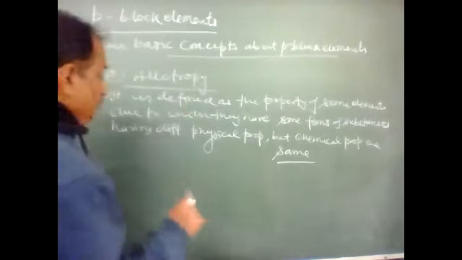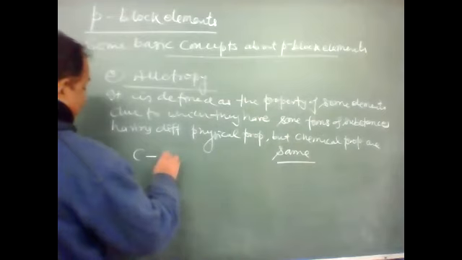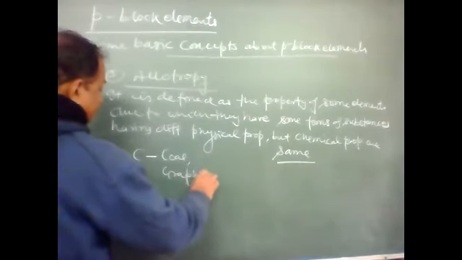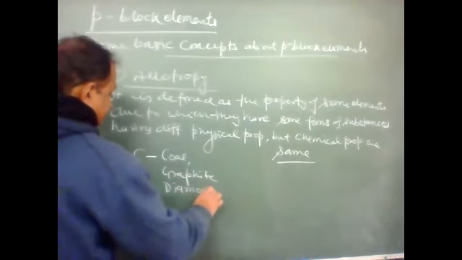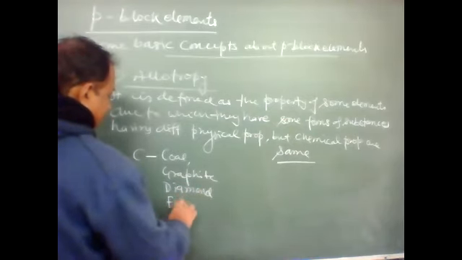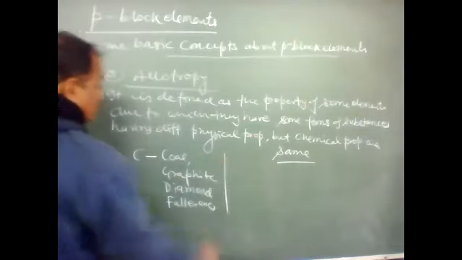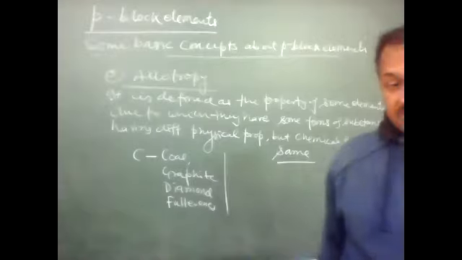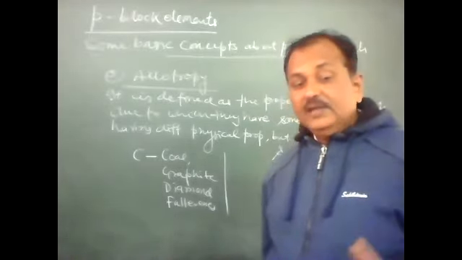Like in class 10, you must have read carbon forms allotropes like coal, graphite, diamond, and fullerenes. These are the allotropes of carbon. So children, similarly, many elements we will see in class 12.